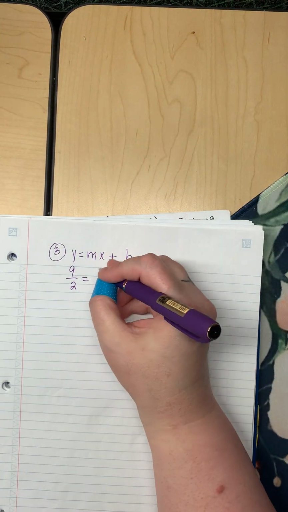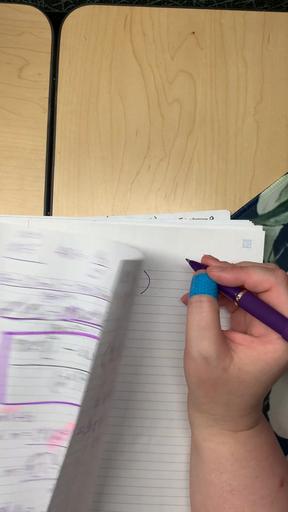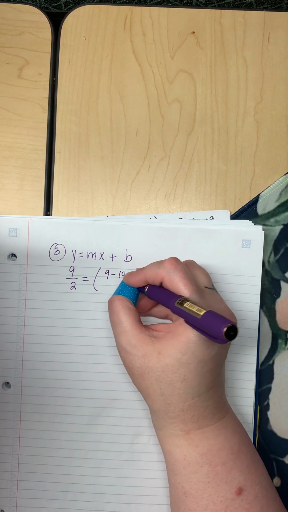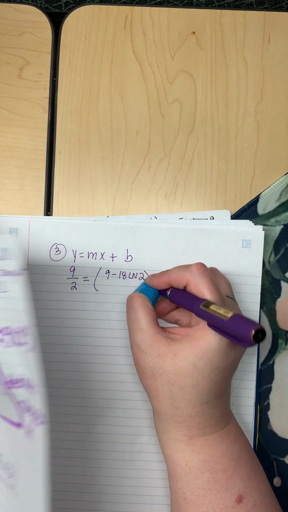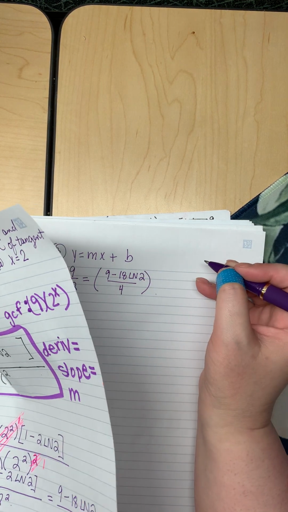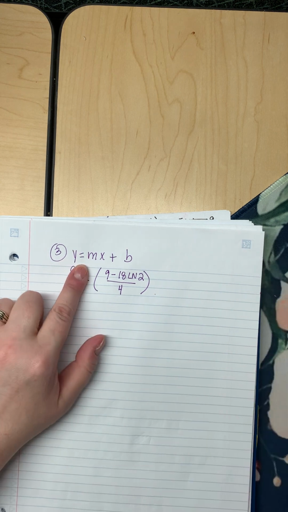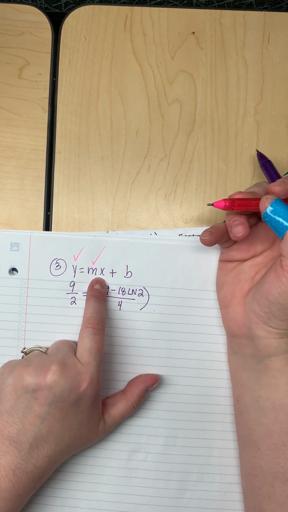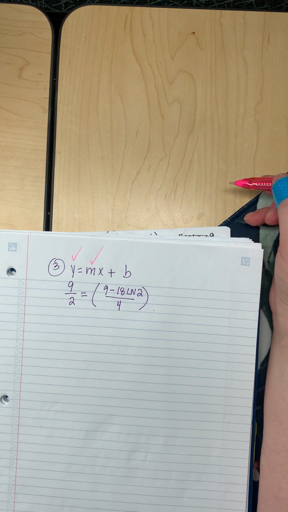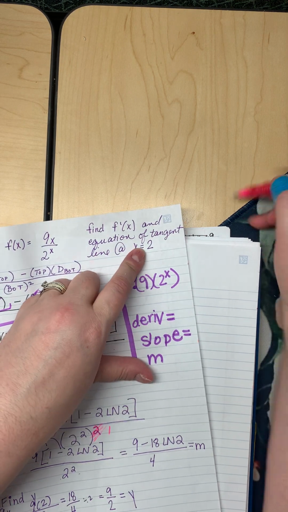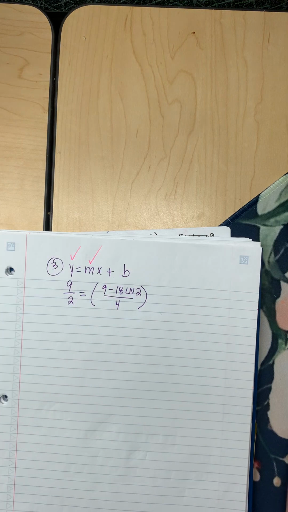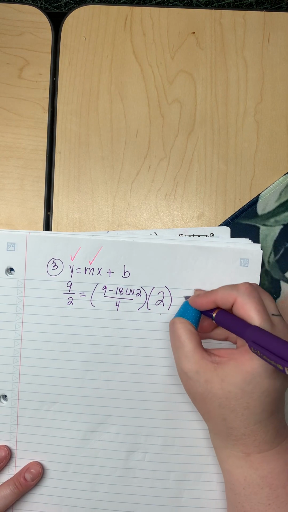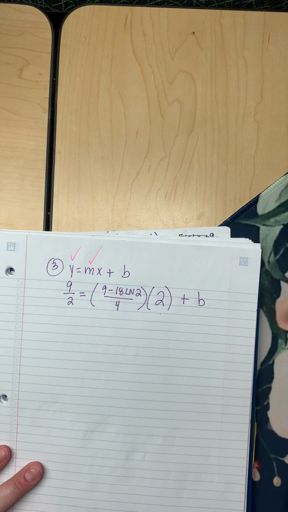I think I'm going to write that in parentheses because it looks terrifying. So I just plugged in my y, bam, my m, bam. What was my x? Oh, it was 2. Okay, so let me plug in my 2. Bam. And then plus b.